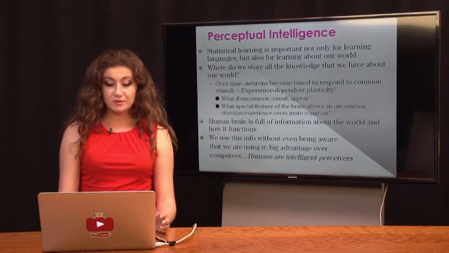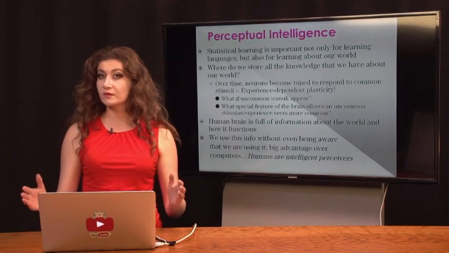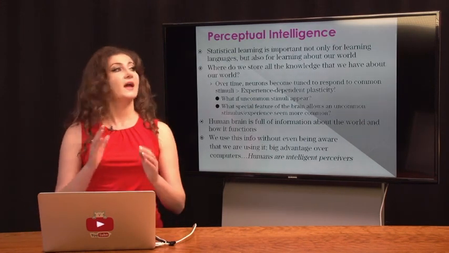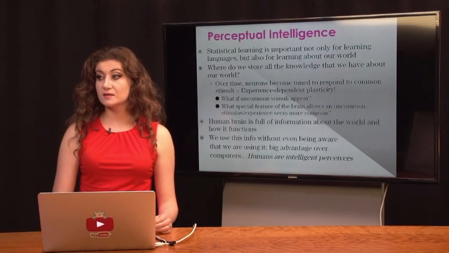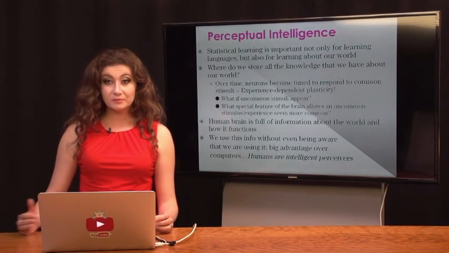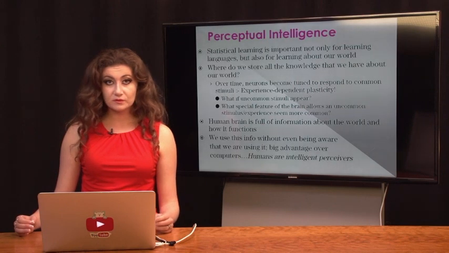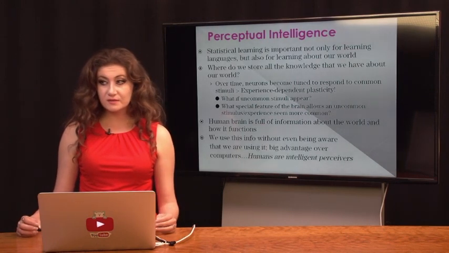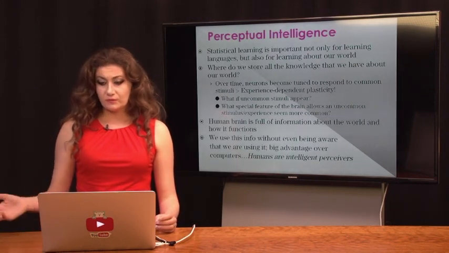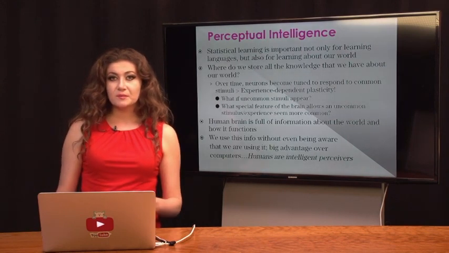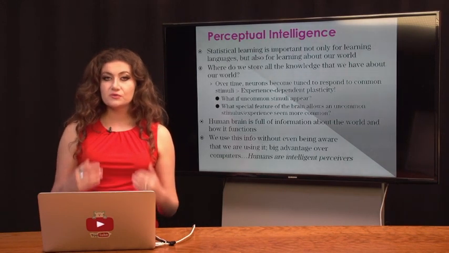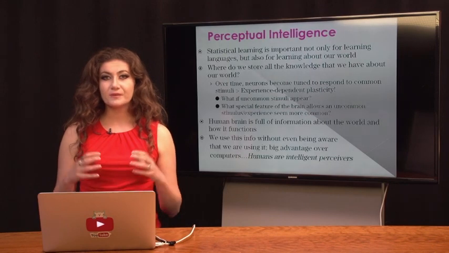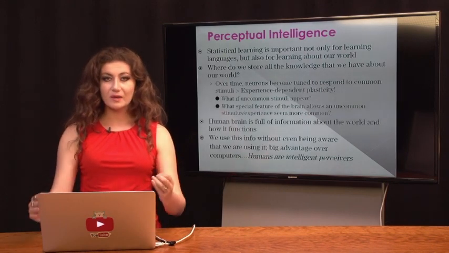Humans are intelligent perceivers, and computers are incredibly intelligent as well. And again, as time is advancing, technology is doing mind-blowing things, everything from robotics to things that write your papers for you, right? So computers have this incredible ability to be extremely intelligent. But again, a human has to program it to actually do that.